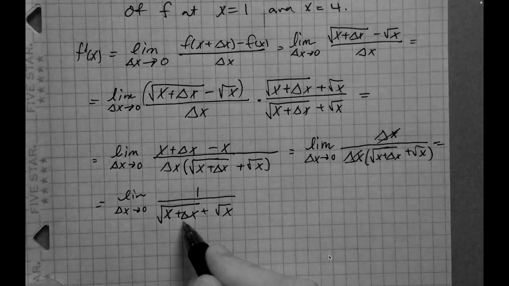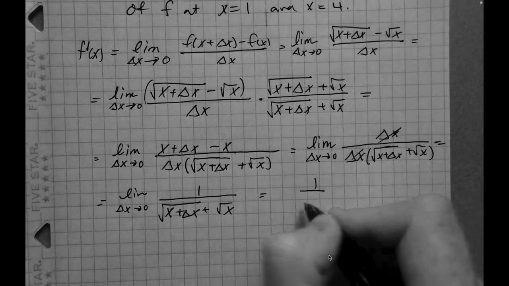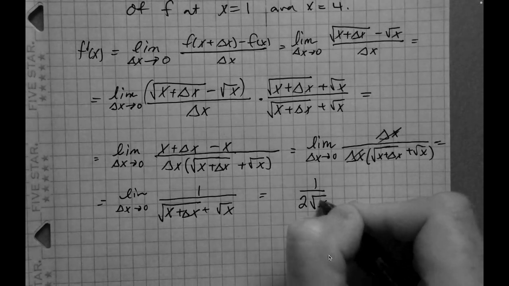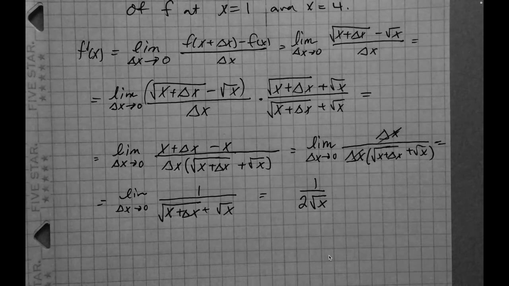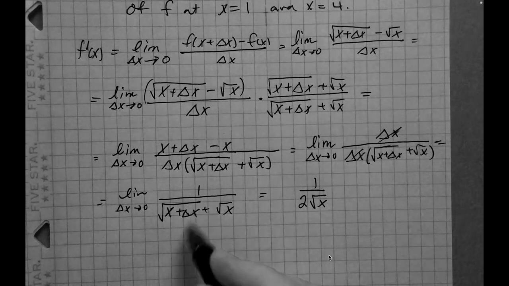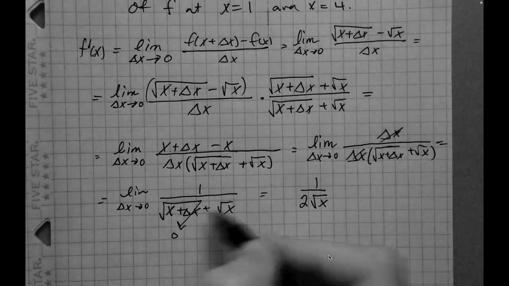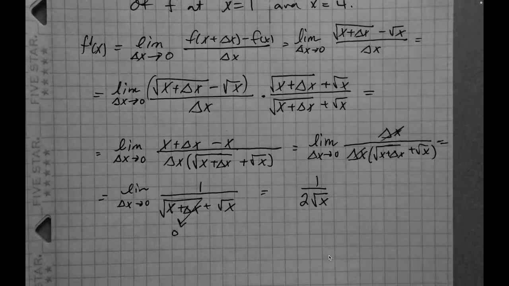Well, the piece under the root goes to 0, and what I'm left with is 1 over 2 times the square root of x. I've got the square root of x plus something that's becoming 0, so that piece goes to 0, but you still have the x, and then I have the square root of x plus the square root of x, just 2 times the square root of x.